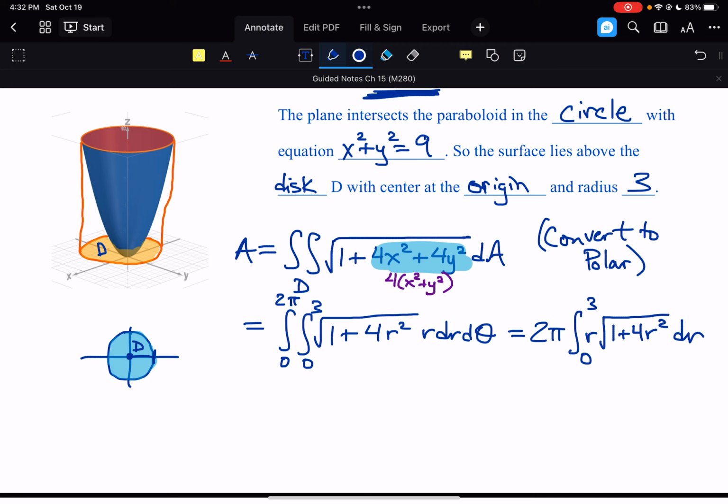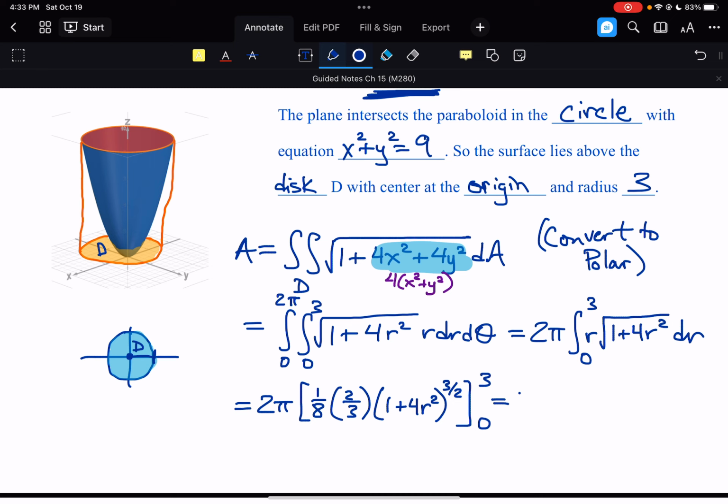And then this integral now in single variable works out pretty similarly to the one we did in the last problem. We set up a u substitution. The 2 pi is out there. We get a 1/8 times 2/3 times 1 plus 4r squared to the 3/2, all evaluated from 0 to 3.